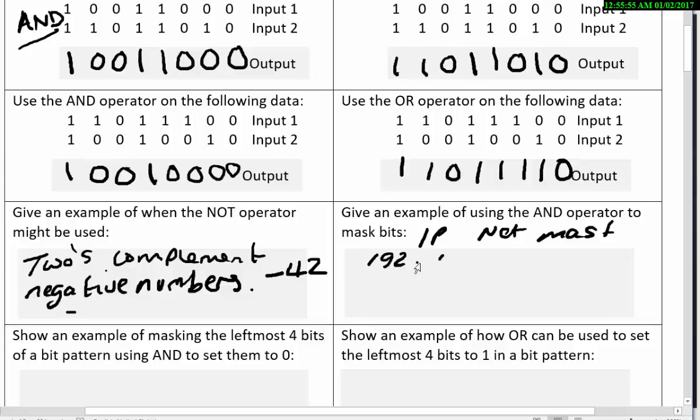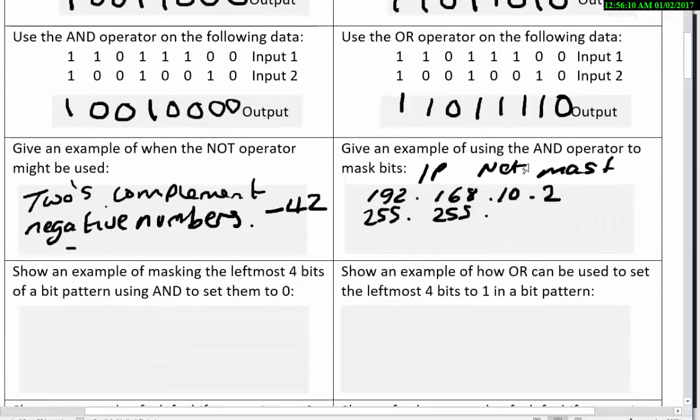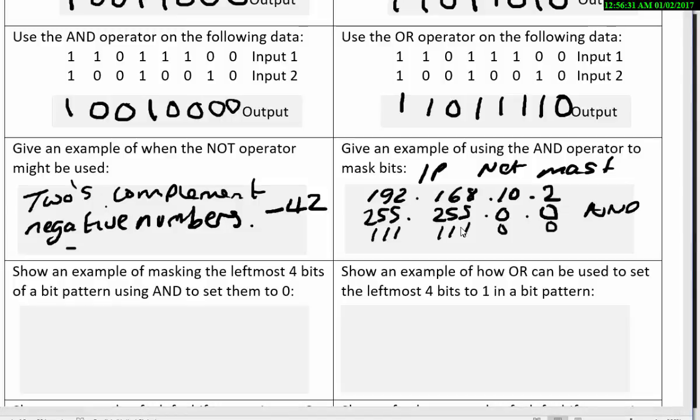So it could be 192.168.10.2 with a net ID of 255.255.0.0, and when you AND these together, that's like saying 111.111.00 with 192. Obviously it'll be more ones than that, but just imagine.